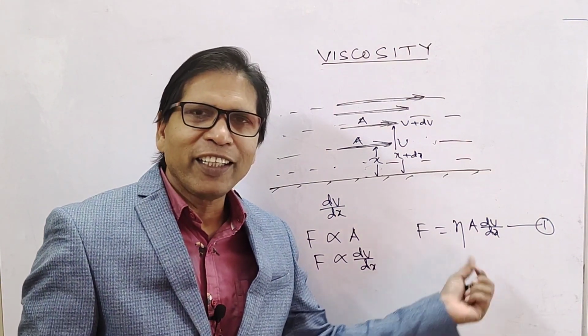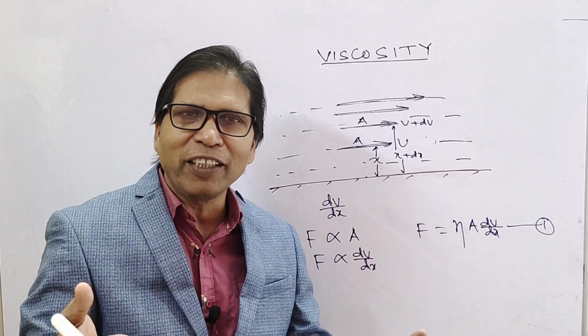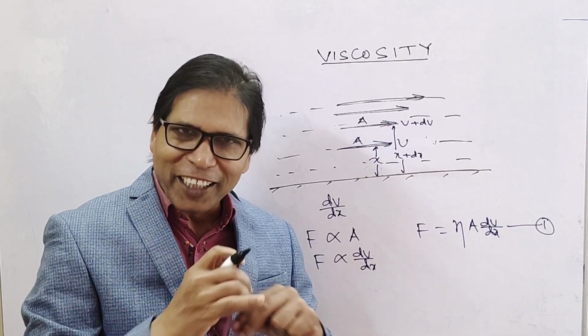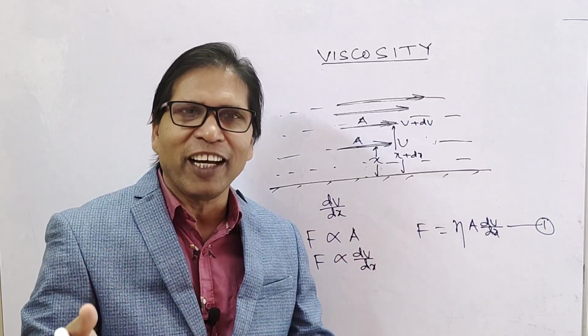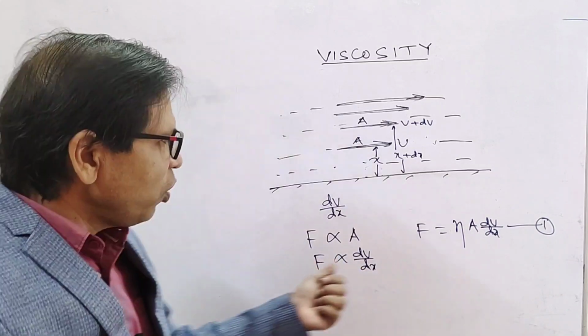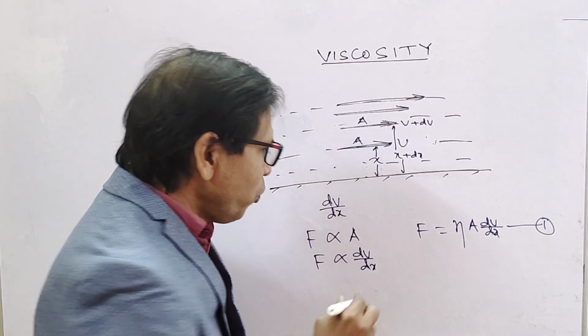The liquid which obeys this equation is called a Newtonian liquid, and the liquid which does not obey this law is called a non-Newtonian liquid. Okay, we can define eta from this expression. Look at this.